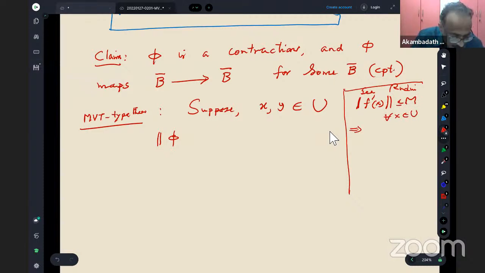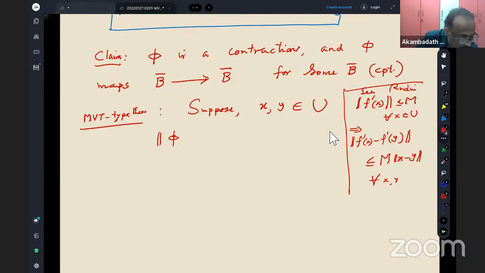See Rudin if you want a precise statement. Then you can write the norm of f prime of x minus f prime of y is less than or equal to that bound. That means if your derivative is uniformly bounded, then you can write this estimate for all x. So this we use here now.